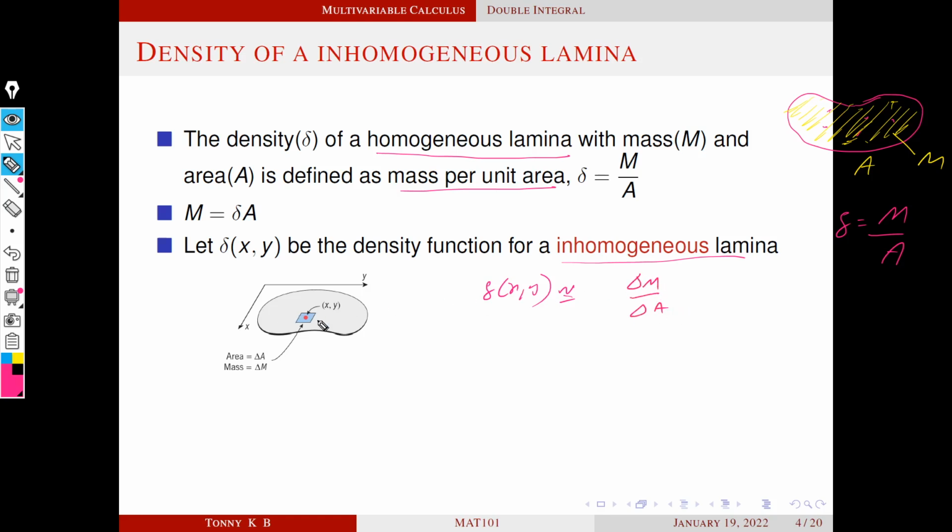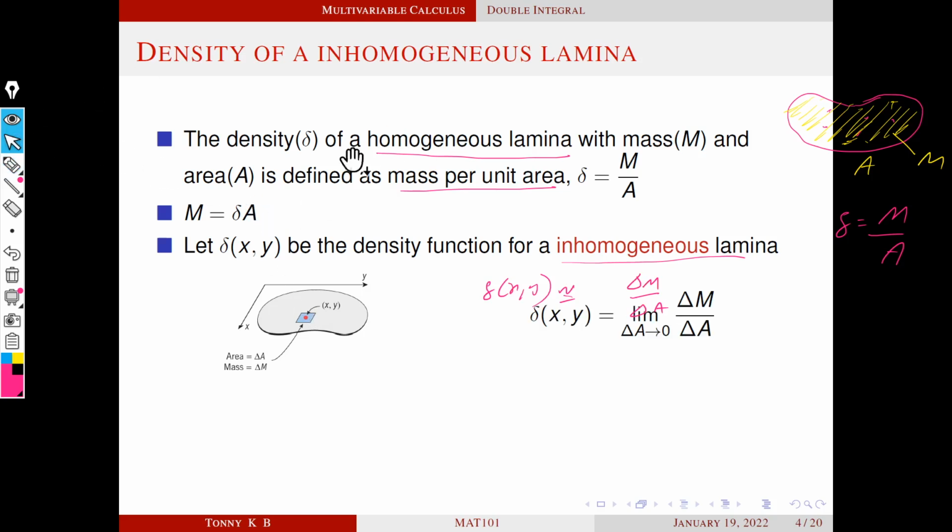We consider a small areal element containing the point, and its mass is delta m, and the area of this small element containing the point (x,y) is delta a. Then you take the ratio. This ratio is approximately the density at that point, and it is better whenever delta a is very small.